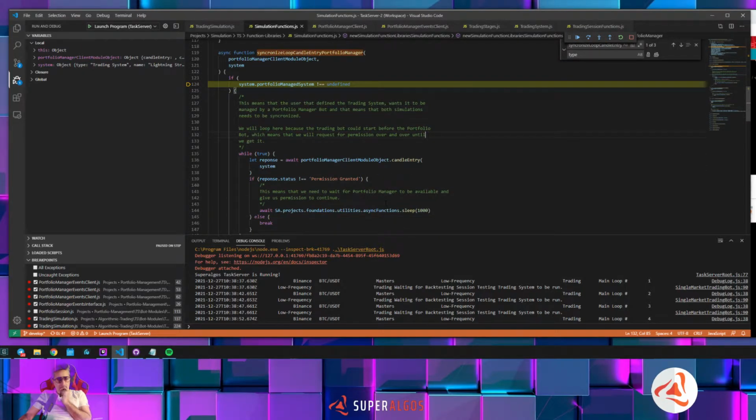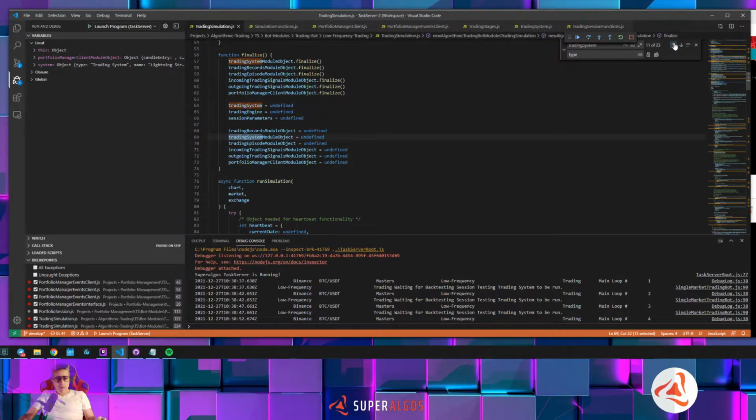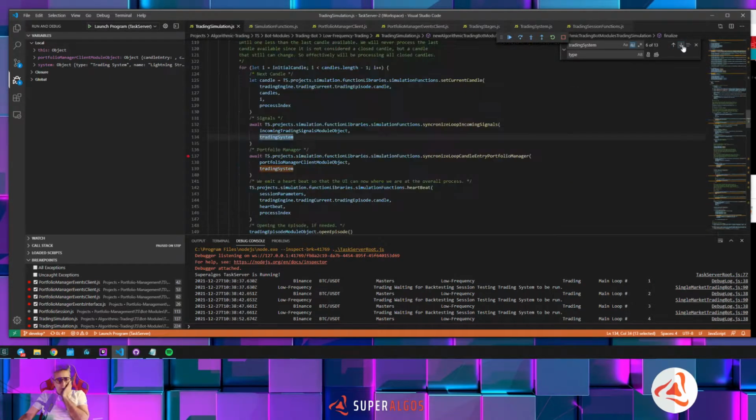Okay. So the trading system we are sending in here, no, it shouldn't be the module.